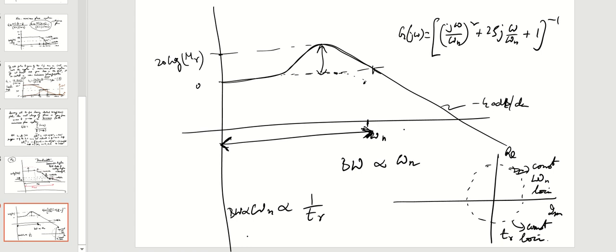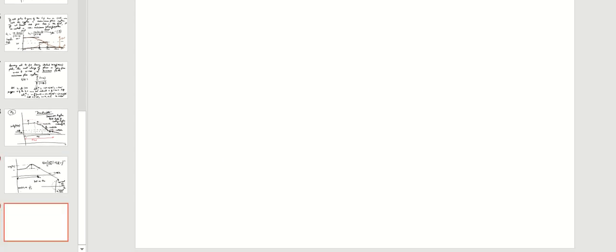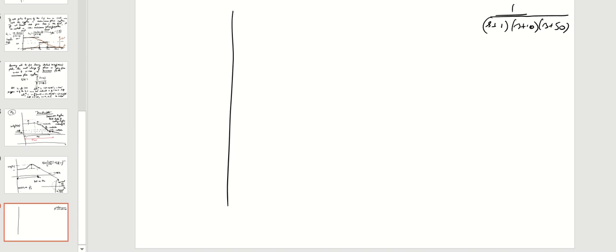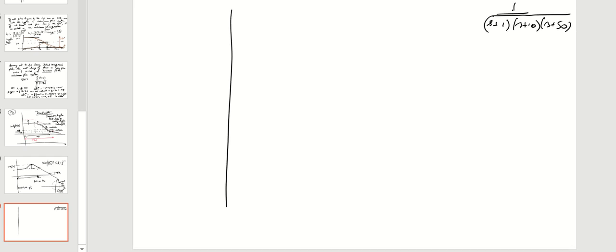So let me take this example now. Let me take 1 by s plus 1 into s plus 10 into s plus 50 over 500, just to adjust.